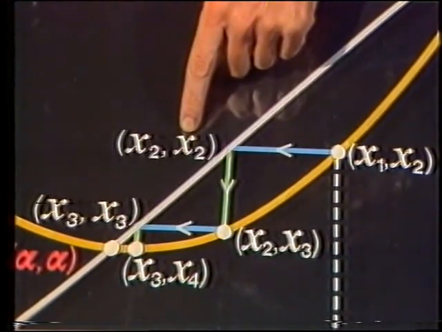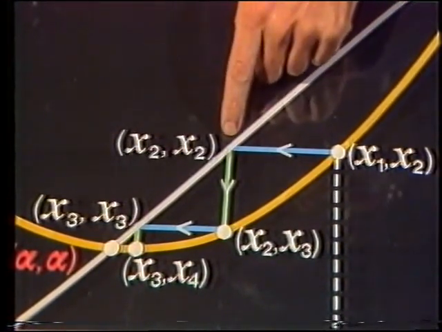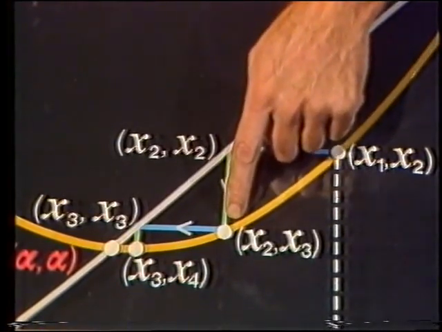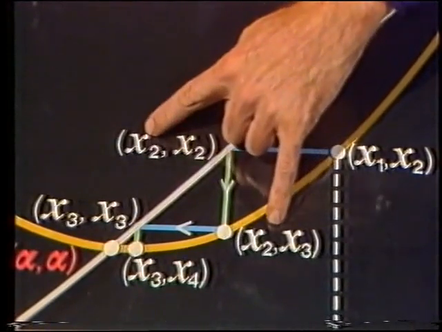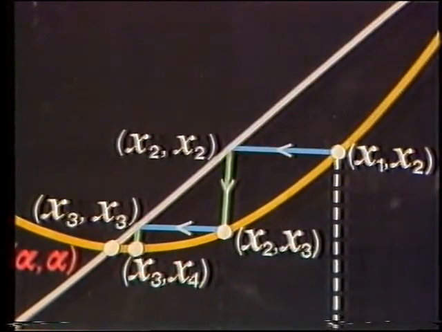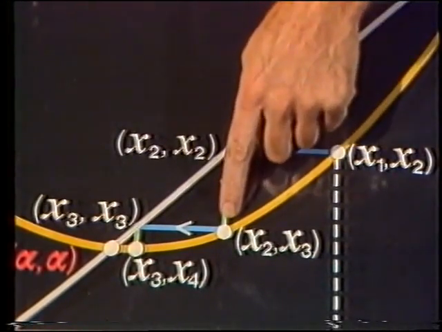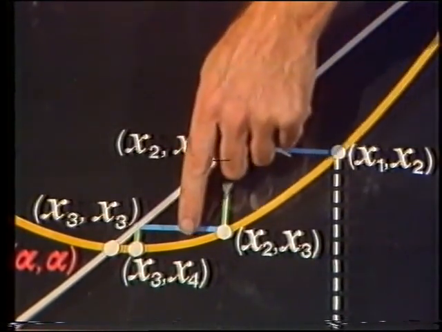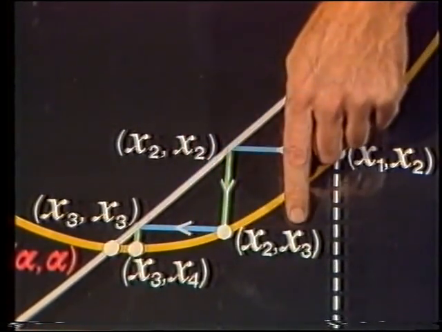It must be x2 also. Now, vertically, we move back to the curve again. And that gives a point with x-coordinate x2. So we've transferred the x2 from being a y-coordinate to being an x-coordinate. And if x2 is the x-coordinate of this point, then its y-coordinate must be f of x2, because it lies on the graph, and that's x3.